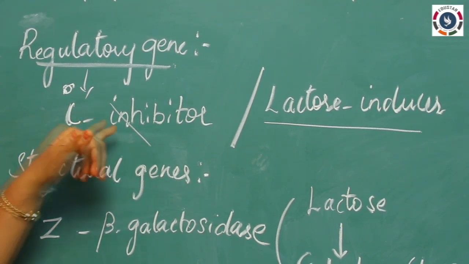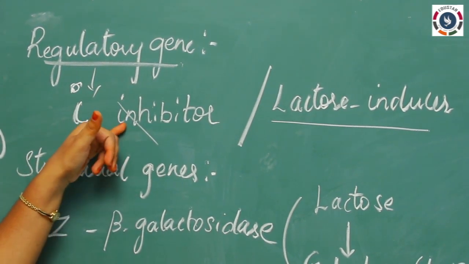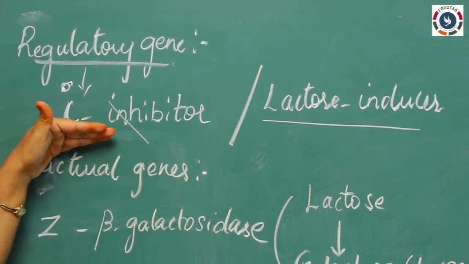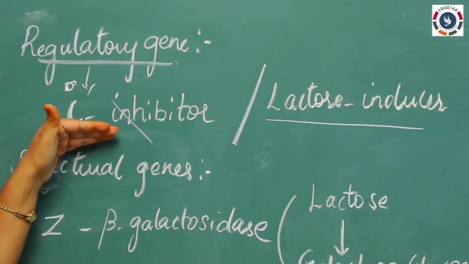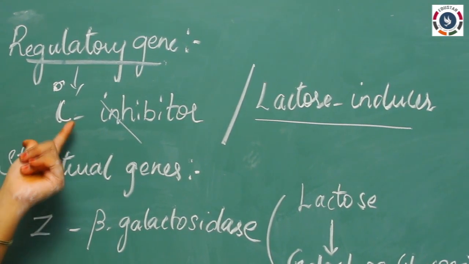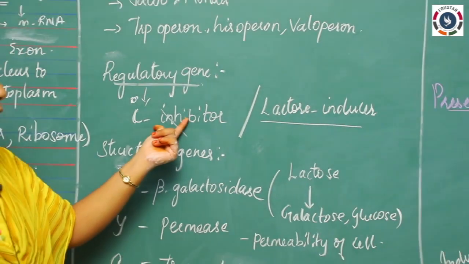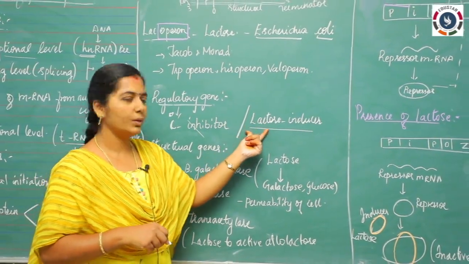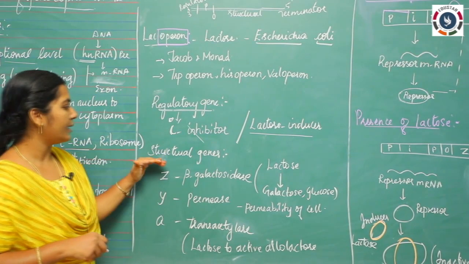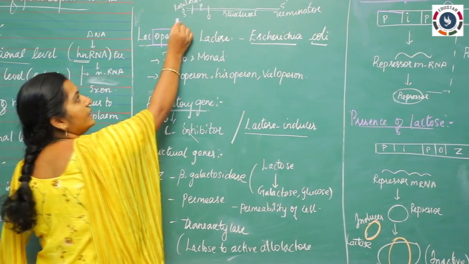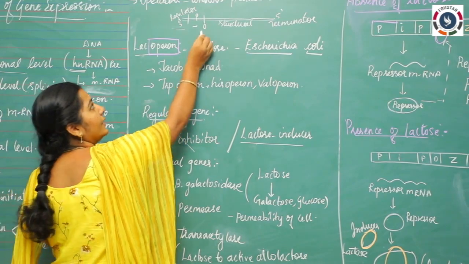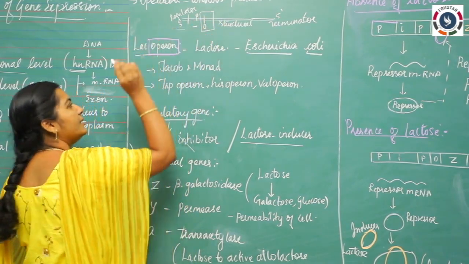If I is coding for a protein, that is the inhibitor protein, then if the inhibitor protein is present there, there will be termination of that process. Clear? So the regulatory gene I will code for an inhibitor molecule, and our lactose is acting as an inducer molecule. Coming to the structural genes, we know that the regulatory gene is there, the promoter gene is there, and one more thing I left out, we also have the operator gene.